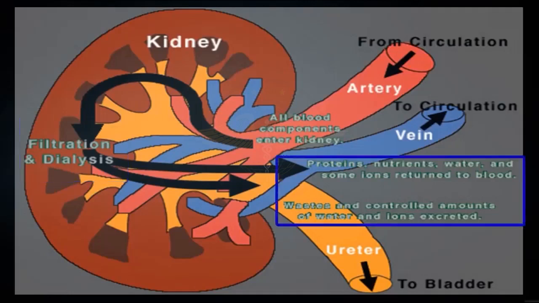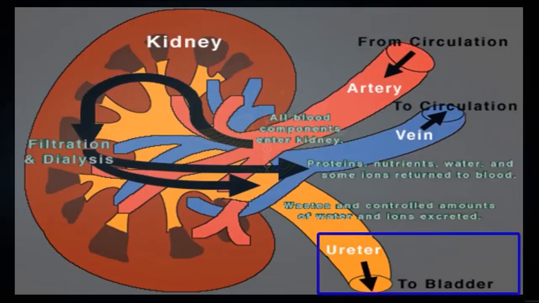The unnecessary extra water, wastes, and electrolytes are filtered out and excreted in the form of urine via the ureter into the bladder, while the necessary blood components, the necessary water, proteins, nutrients, and other ions are returned back to the systemic circulation via the renal veins.